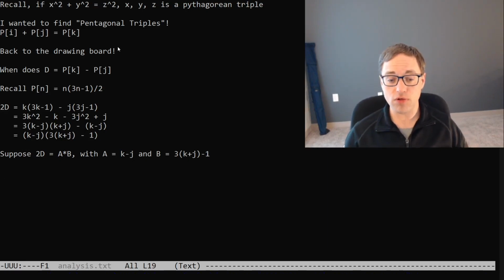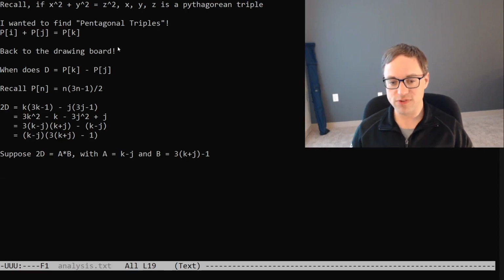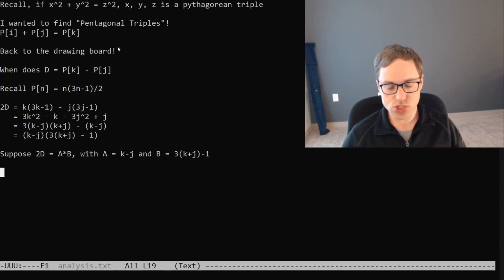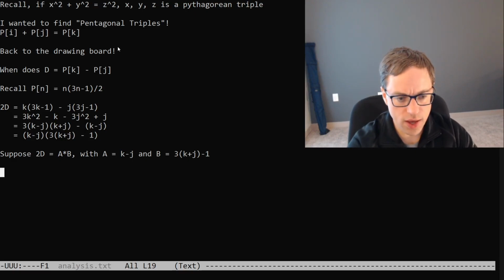Now we can solve for the values of k and j in terms of a and b. So we can write k is equal to a plus j.